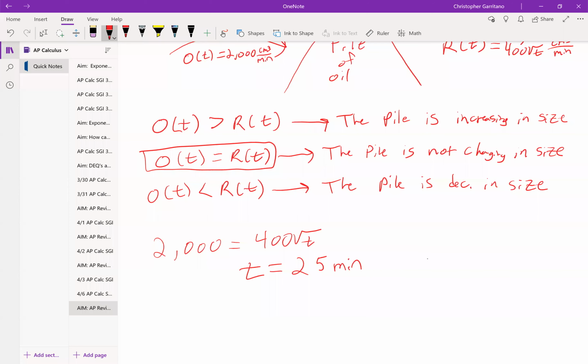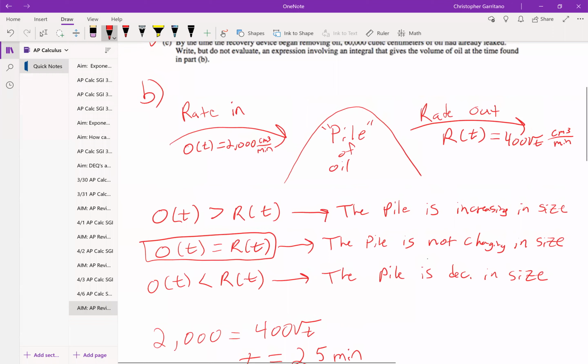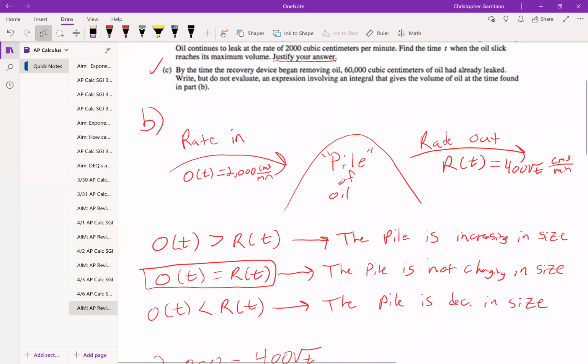Okay, so for justification purposes, I'm going to define a new function, let's say big T of T, where big T represents total amount of oil in pile.